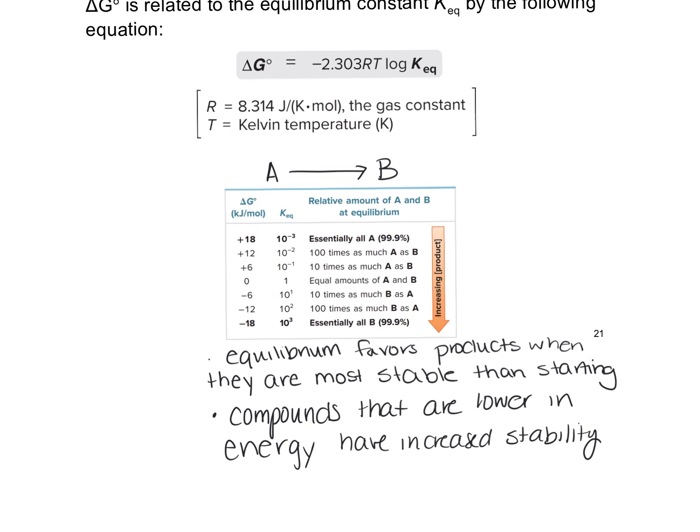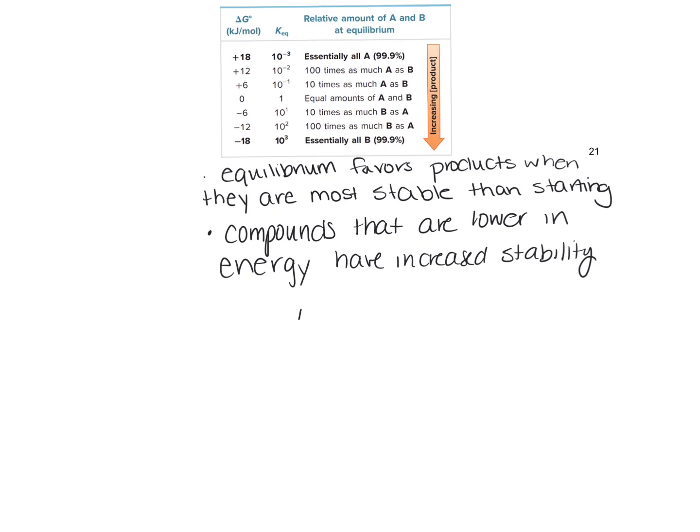Okay, so I want us to think about this. If we have A going to B, if we say the product is more stable than A, then that equilibrium favors the product.